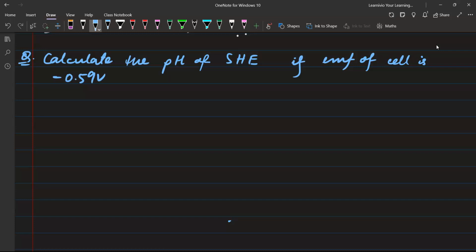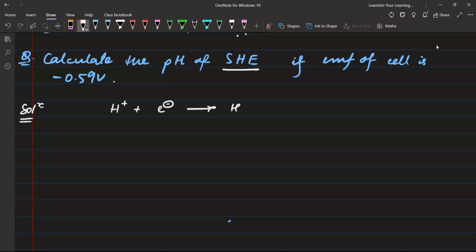In this hydrogen electrode, minus 0.59 is the EMF of the cell. The reaction that is happening is H plus plus electron giving H2. If you balance this, it will be 2H plus plus 2 electrons giving H2.